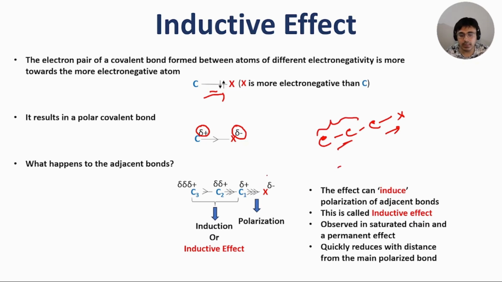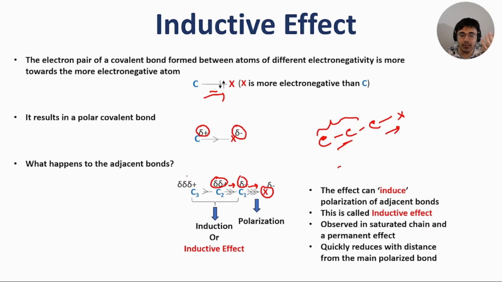Here you can see, as the more electronegative atom pulls the electron from C1, C1 will be a little bit electron deficient. To neutralize this delta plus character, it will pull the electron pair of the next bond, and it will induce another little bit of polarity there. So this carbon will again be slightly positively charged, but that polarization is lesser than the first one. So this delta plus is more positive, and this delta plus is less positive.